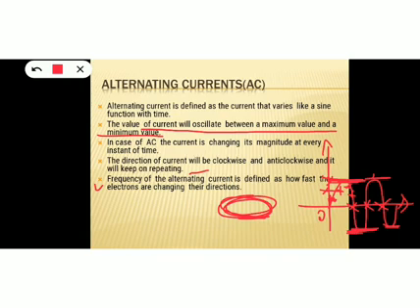If in one cycle it moves in the clockwise direction, then in another cycle it will move in the anti-clockwise direction. So how fast the electrons are changing their directions, that defines the frequency of the AC. Okay, so this is about the fundamental concepts of AC. Always the magnitude of current changes at every instant of time.